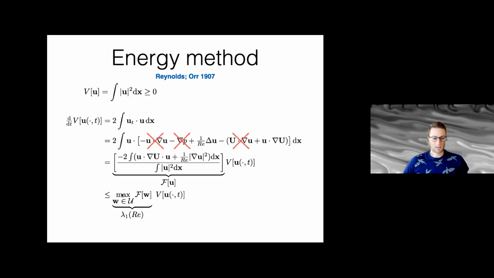If I could solve this variational problem where I maximize the functional f, and I call that maximum lambda 1, which depends on the Reynolds number, and if I can verify that lambda 1 is negative, then V is indeed a Lyapunov functional. The energy is a Lyapunov functional at a certain Reynolds number, and therefore the laminar state in this fluid flow is globally attracting.